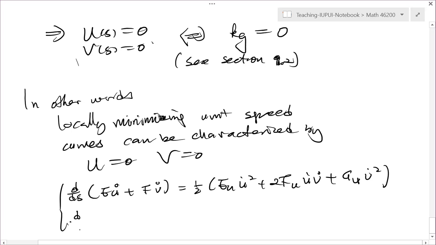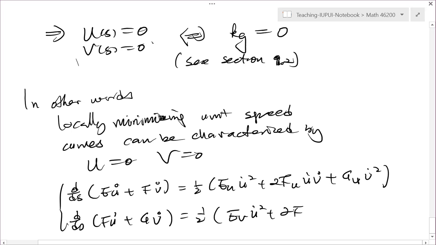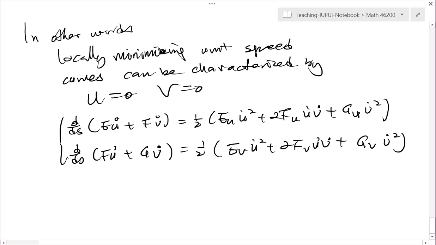And similarly for the other. And we already know that these two equations are equivalent to the geodesic curvature being 0. So this is a good theorem, you know. The computation is very complicated. It's just called the variation method.